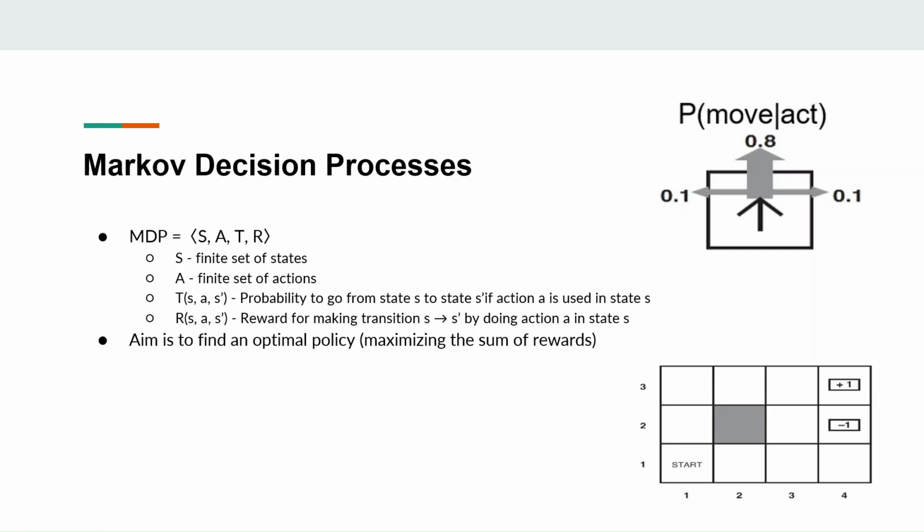So, for example, in this state, you have an action that's move up and move right and move left, also implicitly. But then what we also see is that we have a transition matrix of probabilities for t. So we say, well, given that we are in a specific state and we take a specific action, what is the probability that we end up in another specific state?